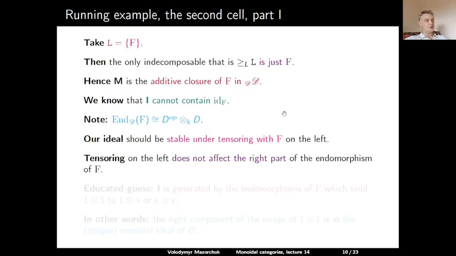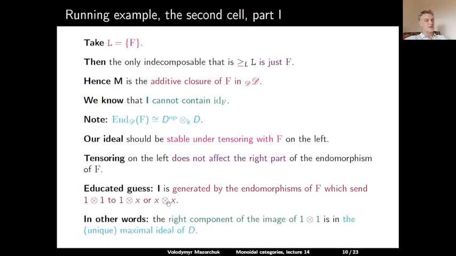So we have D tensor over K D, this is F, we have an endomorphism, and the image of the generator has a left part and the right part. And now if we tensor this image with anything on the left, the right part is not changed. So it is very natural to guess that our ideal I is generated by those endomorphisms of F which send the generator 1 tensor 1 to either 1 tensor x or x tensor x.